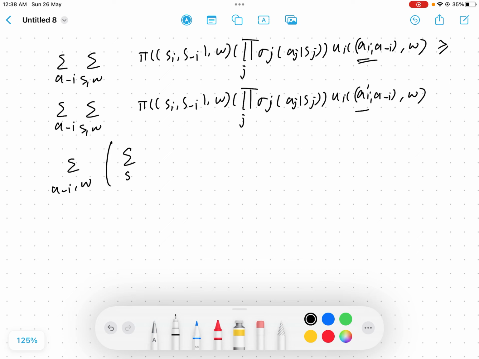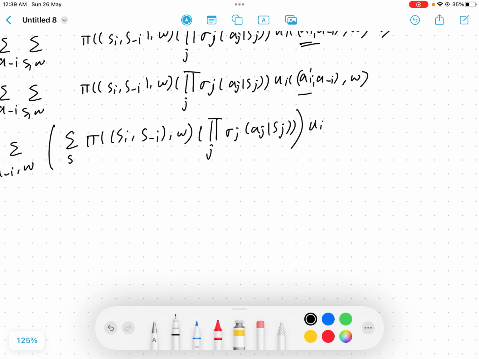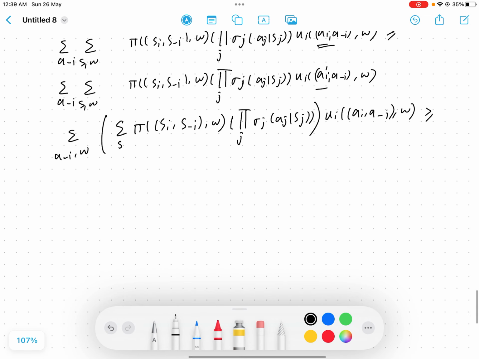So let's do that. Pi(s_minus_i, omega) times the product of the sigmas, in a round bracket, and the u_i outside of that. So that's greater than or equal to the thing with the prime. Let's copy paste.